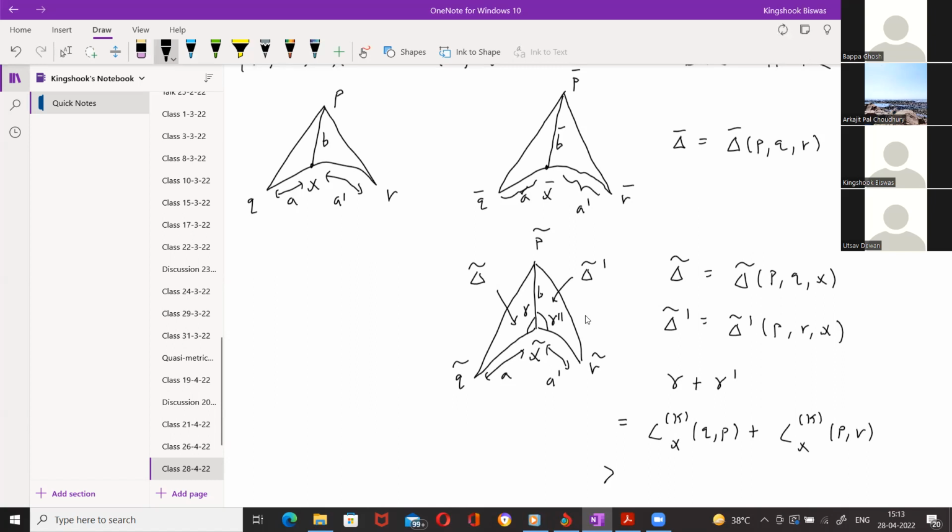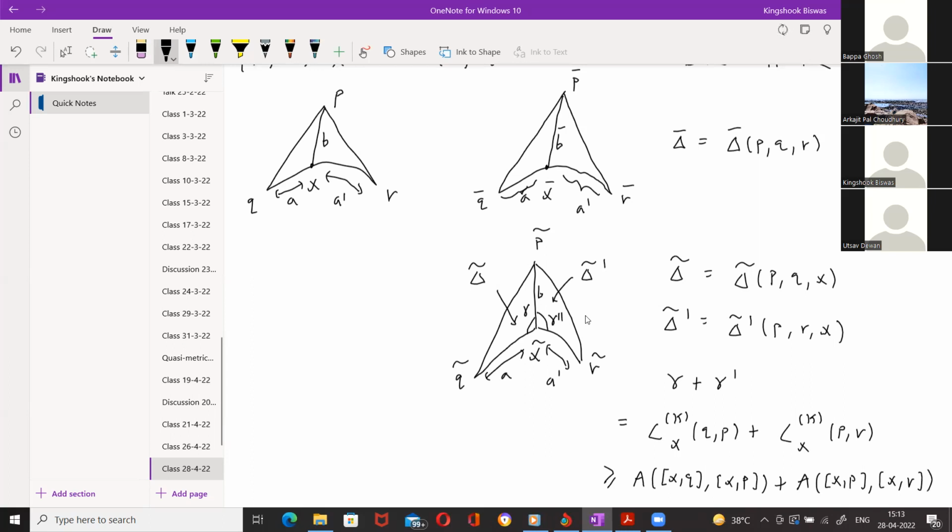So this is bigger than or equal to the angle between XQ, XP plus the angle function of XP, XR, right?